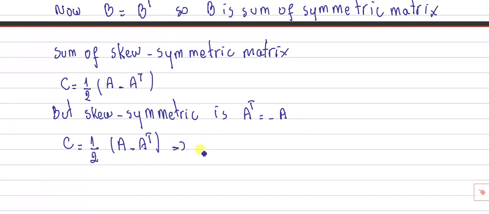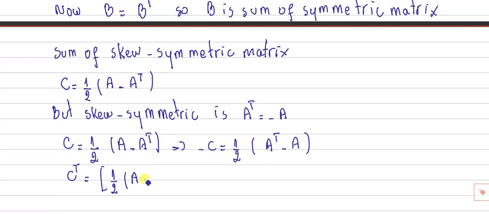Now I get minus C is equal to 1 over 2 A transpose minus A. And C transpose is equal to 1 over 2 A minus A transpose, transpose.